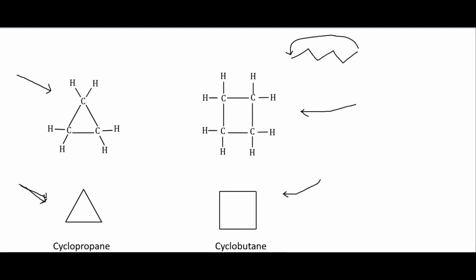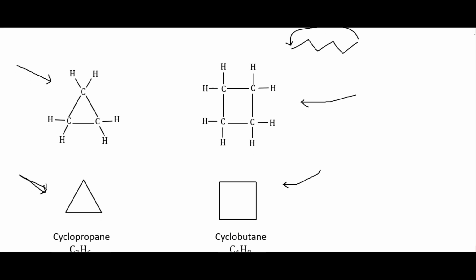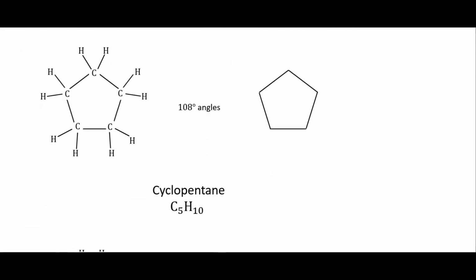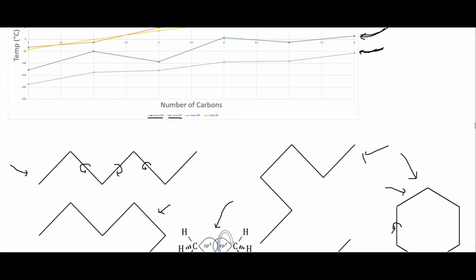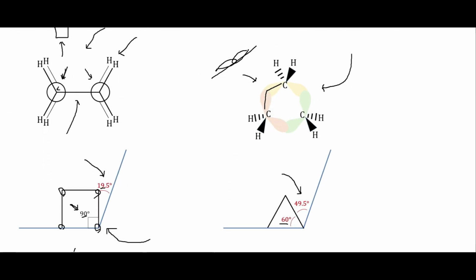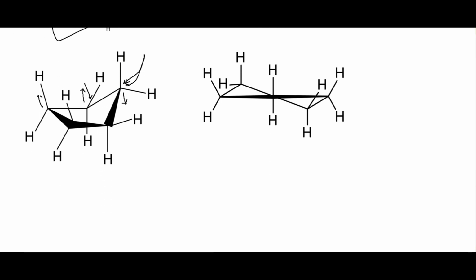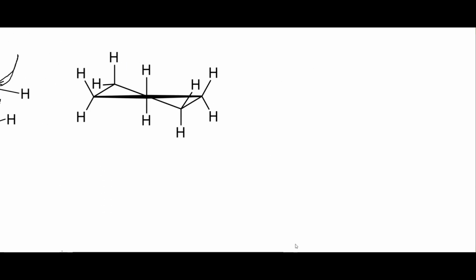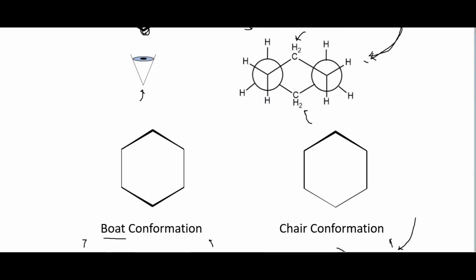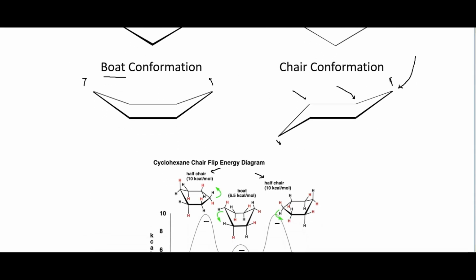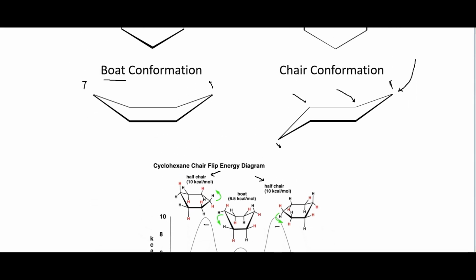So I think, other than just the general properties of it, probably the biggest thing to take away is the chair and boat conformations, which is probably the thing that we will be using the most going forward in this organic chemistry course.